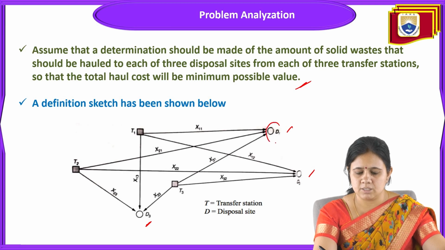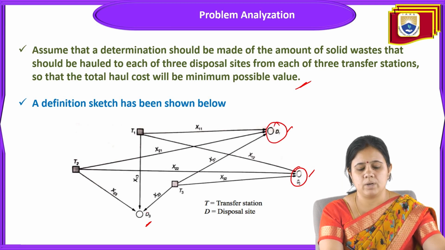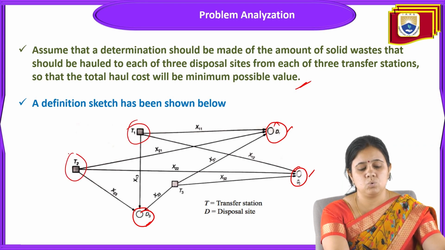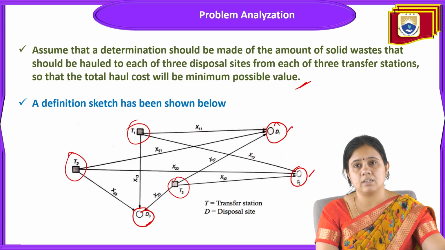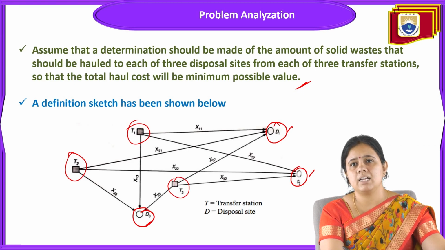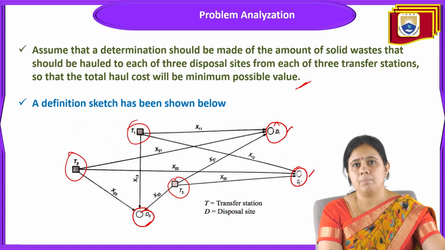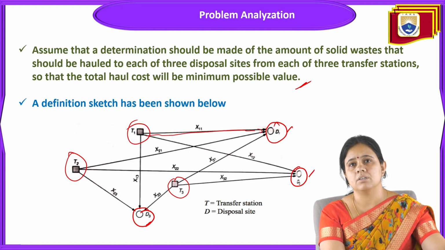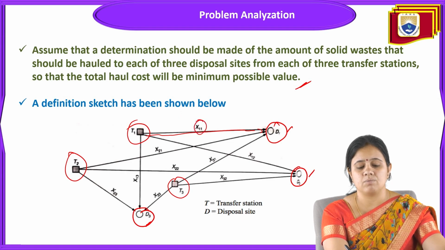See, three disposal sites are there, D1, D2 and D3, and three transfer stations are also there, T1, T2 and T3. These are the pathways. From the T1 transfer station, it will go to D1, denoted by X11.